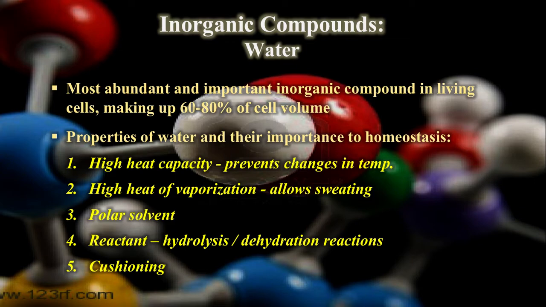Water has a high heat of vaporization. It takes a lot of energy being put into that water to change it from liquid to gas. This relates to us in homeostasis because it has to do with sweat. Okay? When you sweat, what form is the water in? A liquid, and then it gets on the surface of your body, and eventually it's going to evaporate. Okay? This process is called evaporative cooling.